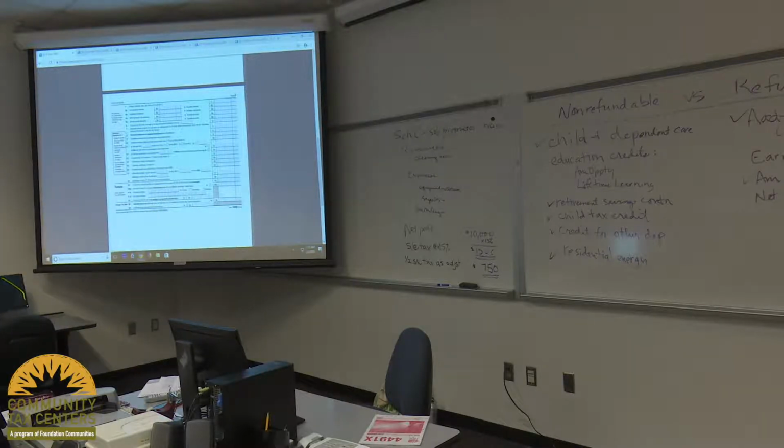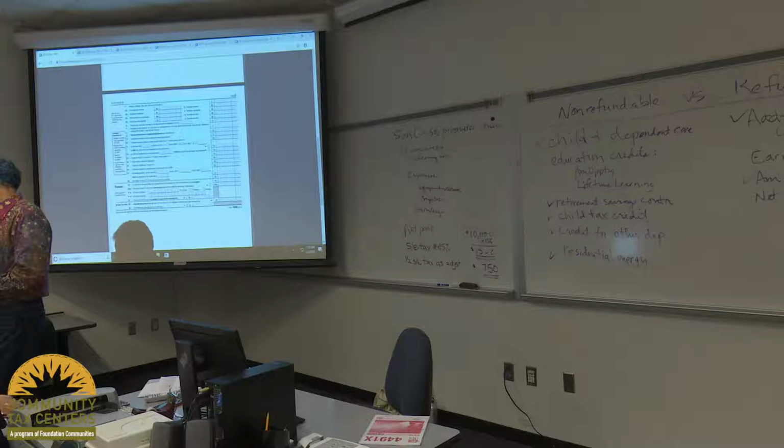Yes? So in Part B it says, test, the child doesn't have to be your dependent? The child doesn't have to be your dependent. So they can file their own return, and then how do you do that? The child must meet relationship, age, residency, and joint tests, but not the support test.